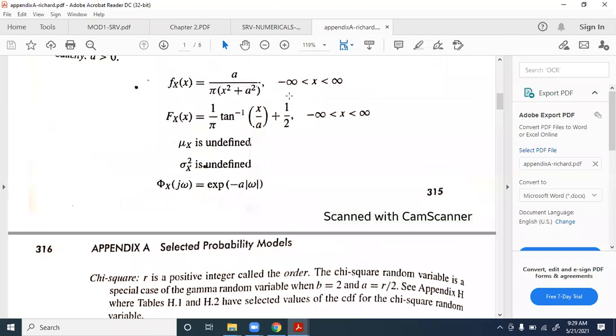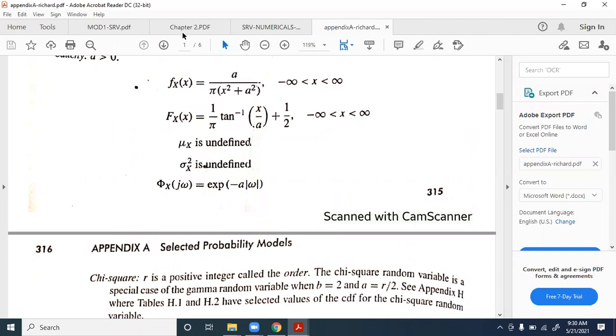variable y. Okay, F_X(x) is equal to (1 by pi) tan inverse of (x by a) plus 1 by 2. F_Y(y) will be (1 by pi) tan inverse of (y by a) plus 1 by 2 for values between minus infinity less than y less than infinity.